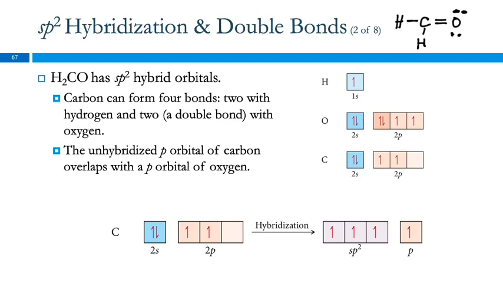I'll explain how you would figure that out later, but for now I'm just saying it has sp2 hybridization. So here's the unhybridized carbon atom, and we're going to hybridize its orbitals. We're going to take the s and two of the p orbitals and put them together to make sp2 orbitals. And this one that was left out just stays there.